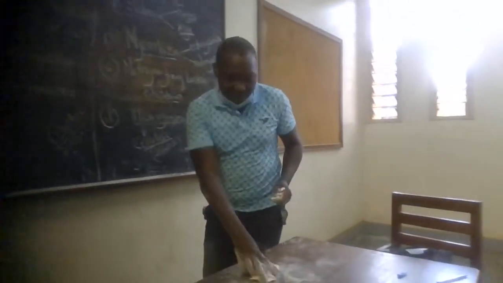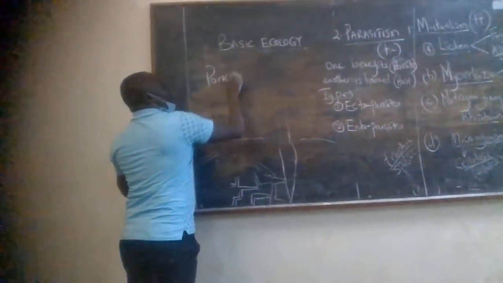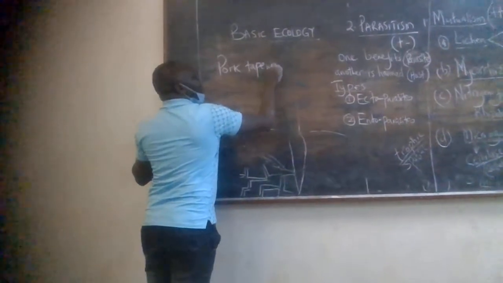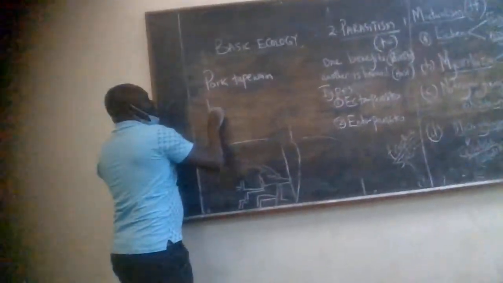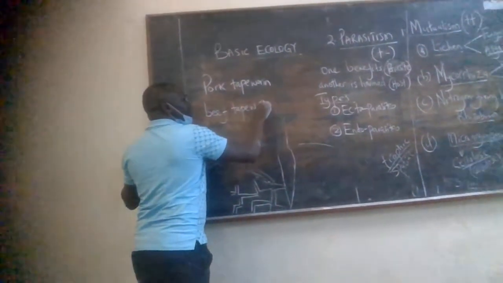The tapeworms are mainly of two main types. Those which we call the pork tapeworm, and then the beef tapeworm.